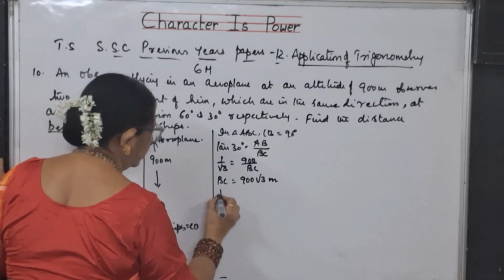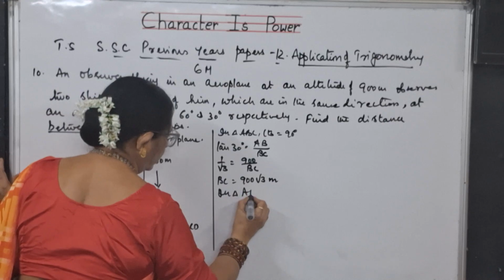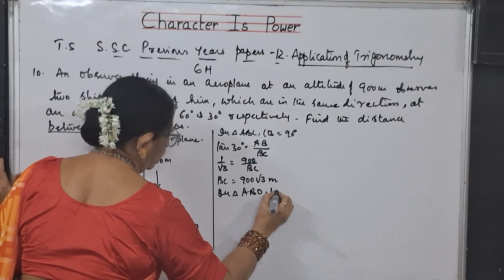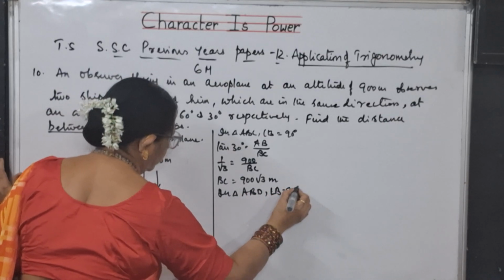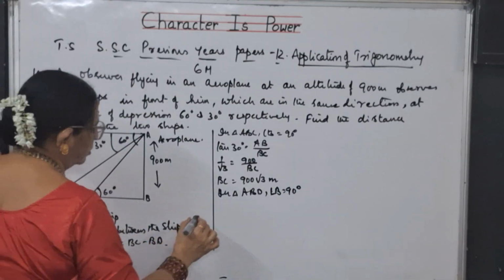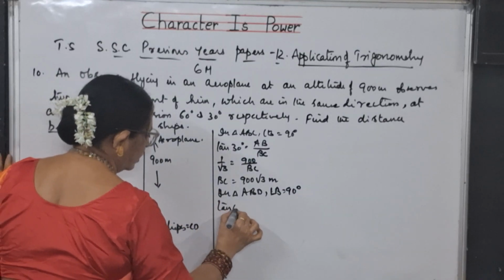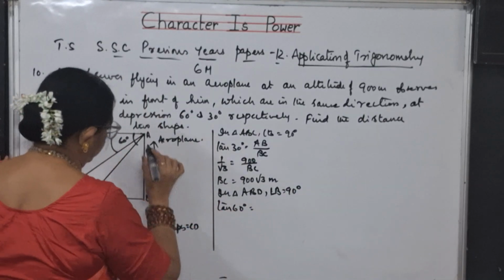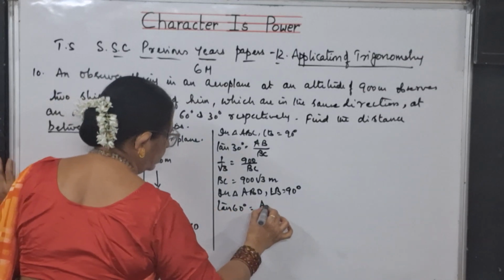Now we will take triangle ABD, in which angle B is 90 degrees. So tan 60 degrees is nothing but AB by BD.